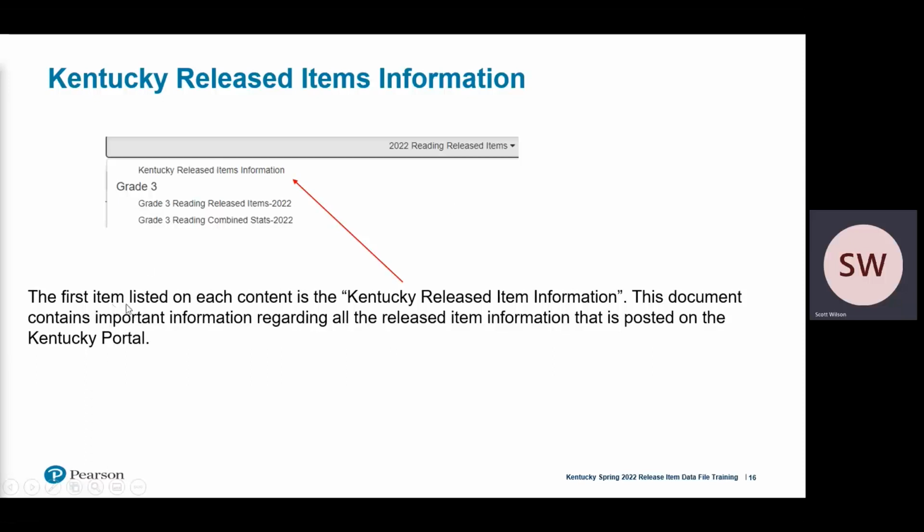The first thing that you'll see on all of the contents is this Kentucky released item information. This document contains a lot of important information regarding all of the released item information that is posted on the Kentucky portal. It will explain to you what all of the documents are that are listed under each grade.